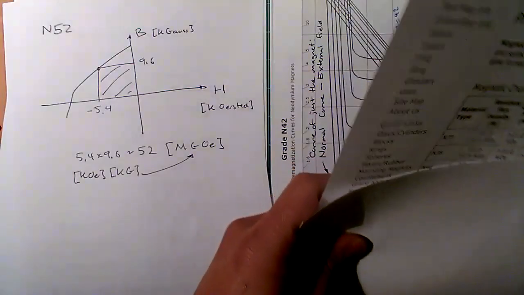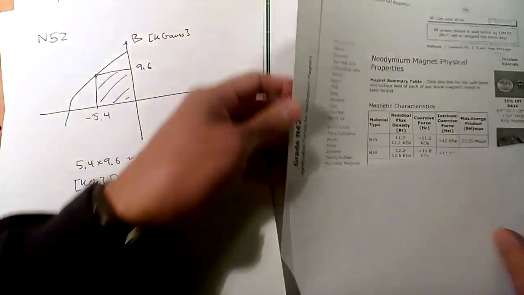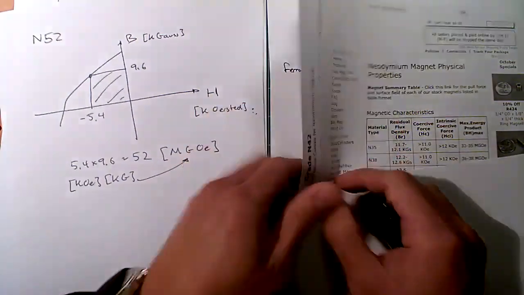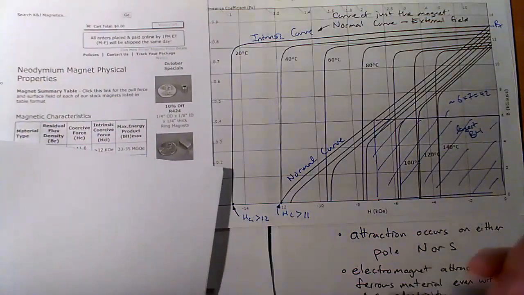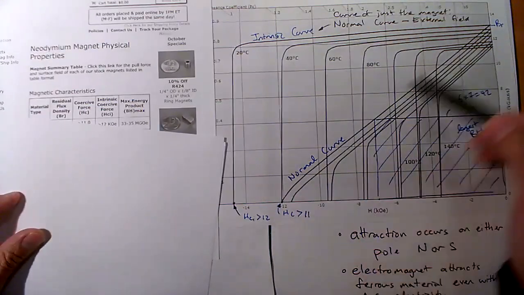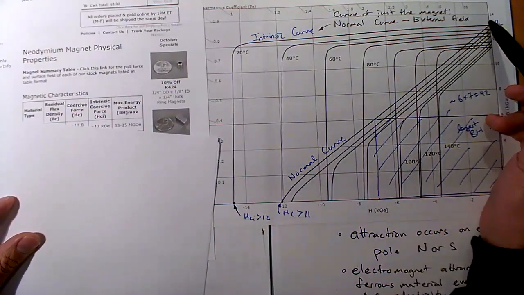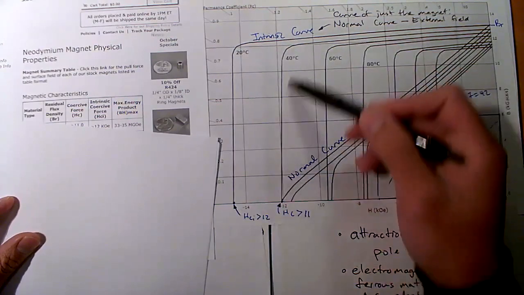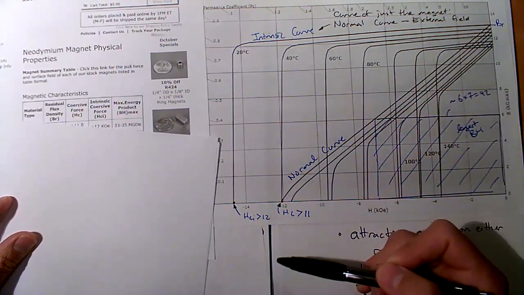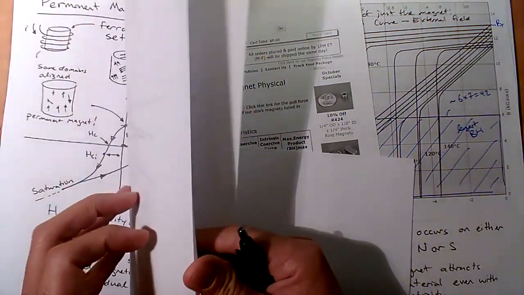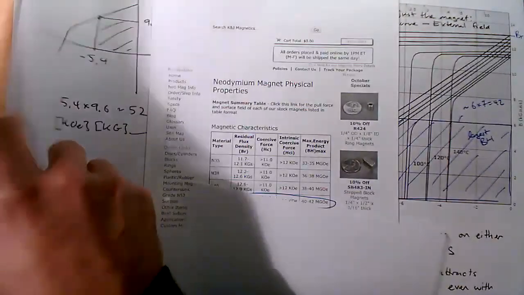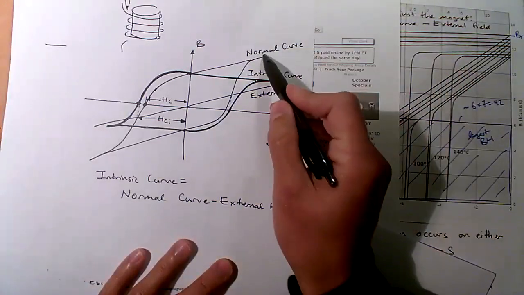So let's go look at the plot. So here's a picture of an N42 grade curve. Now remember what I said before. You had your normal hysteresis curve and you had your intrinsic curve, right? These are your intrinsic curves. Okay, and I'll bring that figure back up. So the normal curve here, let me bring this up. You have your normal curve here.